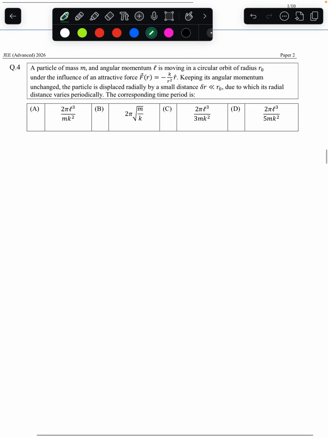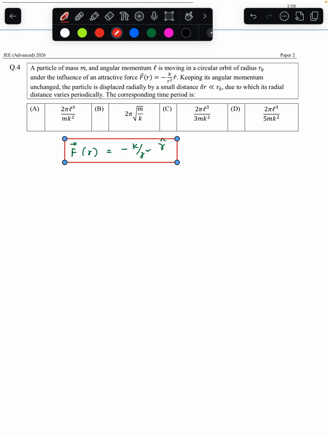So here they are clearly talking about a central force field. F vector r they have given to be minus K by r square into r cap. Generally these kinds of forces we call central forces, and one of the properties of central forces is that angular momentum is conserved.